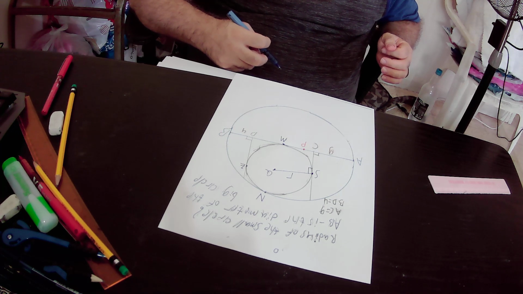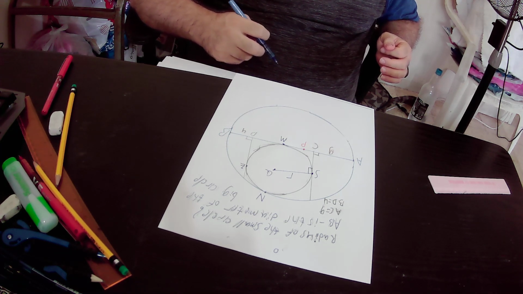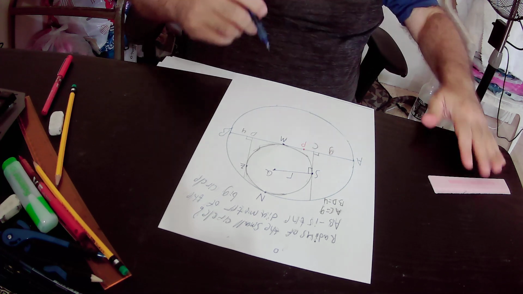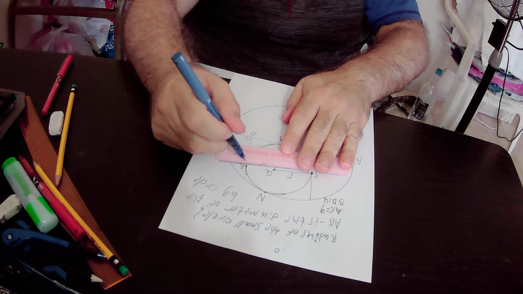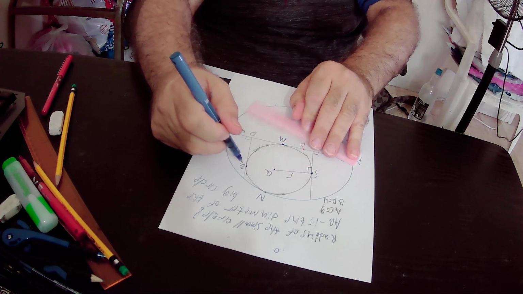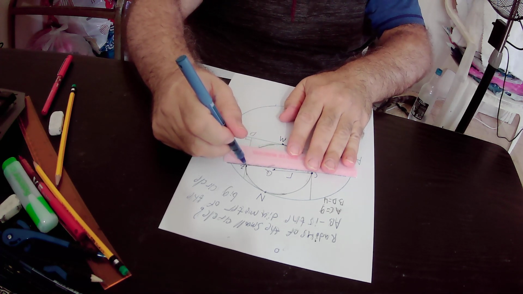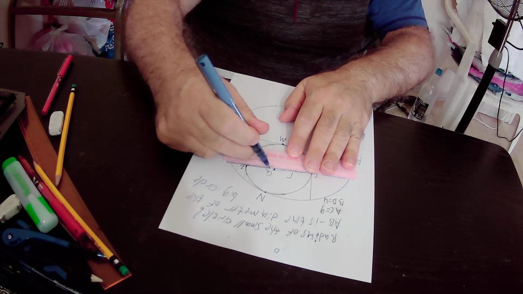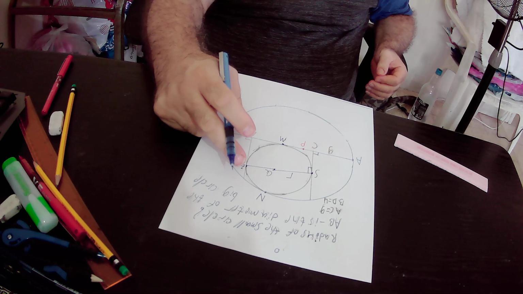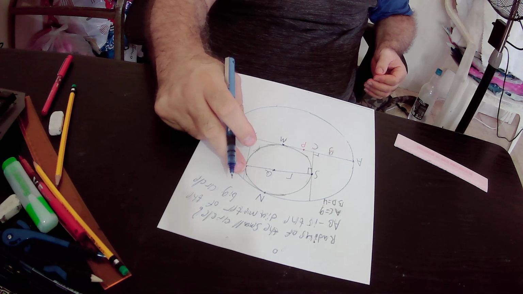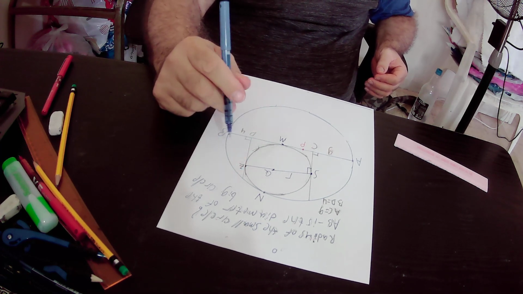And in the same way, we will draw the second radius of the small circle to the point of tangency, point Z. Point Z is the point of tangency of this tangent to the circle.